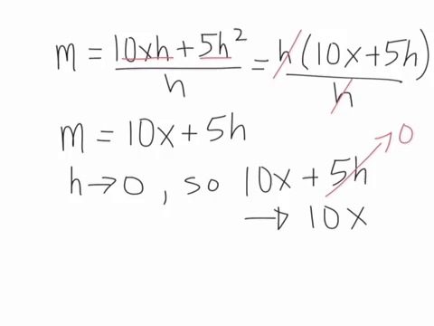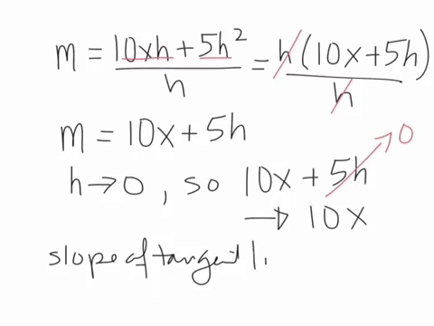That means that the slope of the tangent line is 10x for any value of x on the graph. Because we found the slope of the tangent line for any point on the graph, we have proved that the derivative function is 10x.